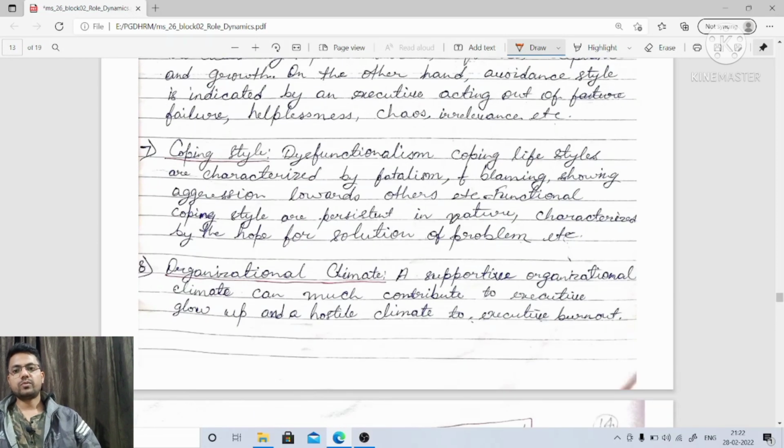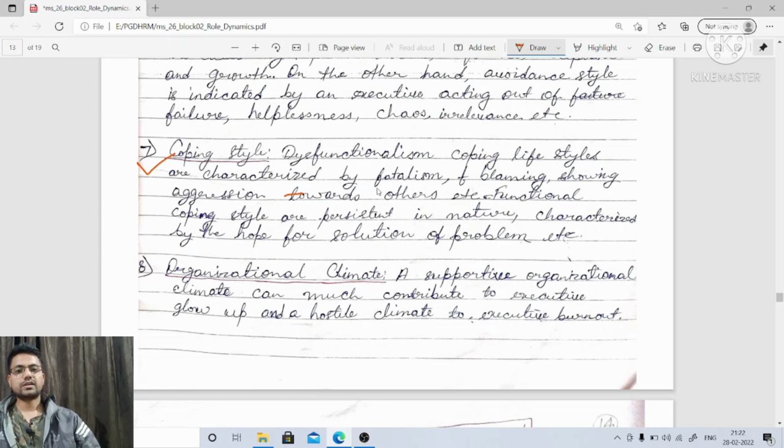Now next, seventh, coping style. Dysfunctional coping styles are characterized by fatalism, blaming others, and showing aggression towards others, and the functional coping styles are characterized by persistence in nature.